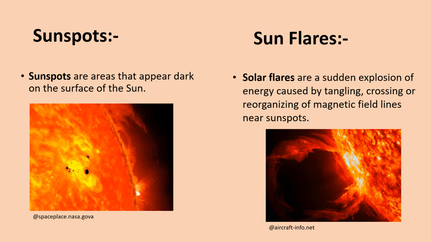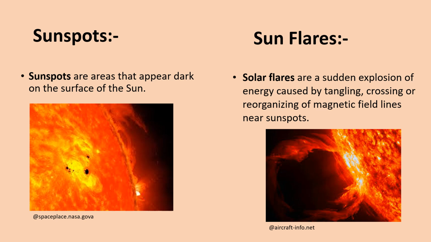If a solar flare is very intense, the radiation released can interfere with our radio communication here on Earth. These two events are important for us to understand because they are continuously being observed on the sun's surface.